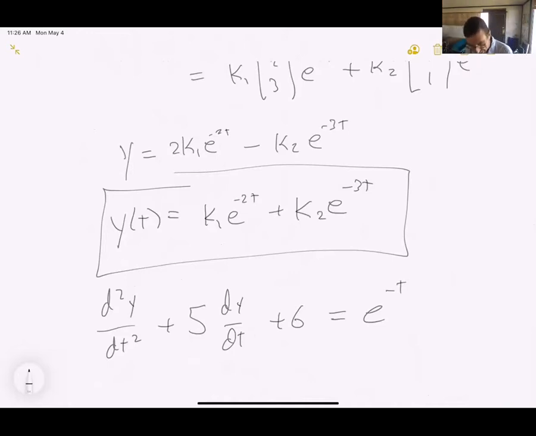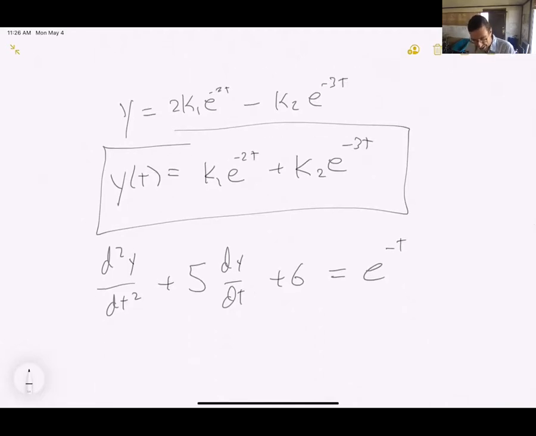All right, so here's the guess that they suggest. They suggest looking at the forced function on the right, and using that as their guess: e to the -t as our solution for y. And what you find when you do that is that you're off by a constant.